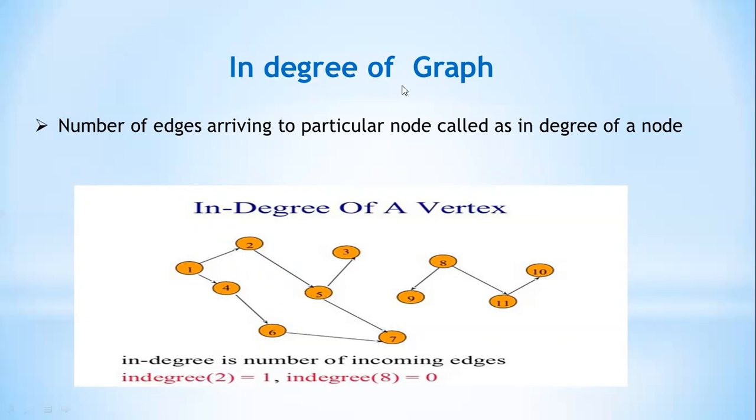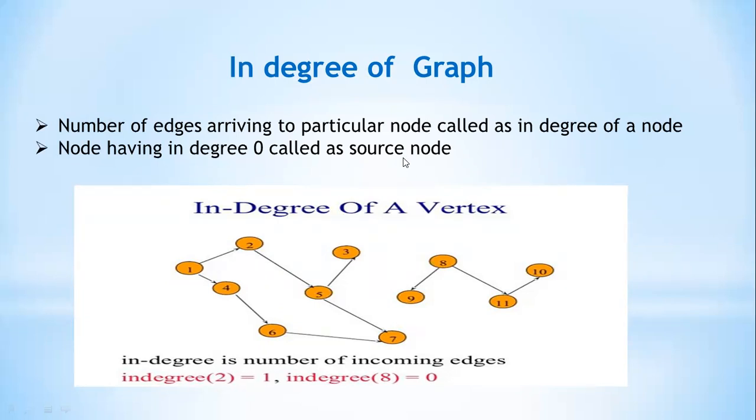Let's say incoming calls to your mobile. How many incoming edges are there? That count is called in degree. And a particular node having in degree 0 is called a source node.